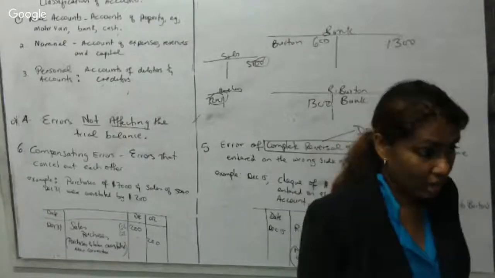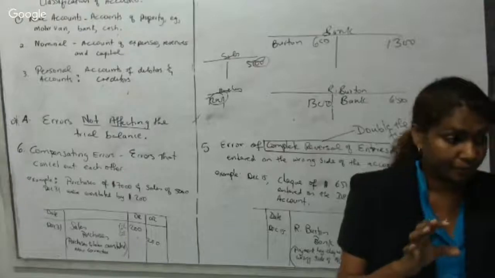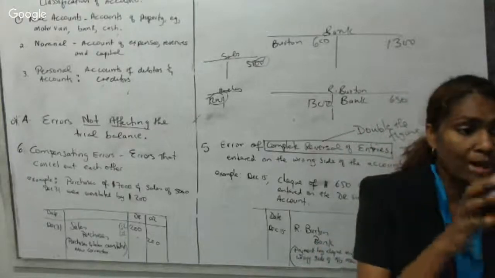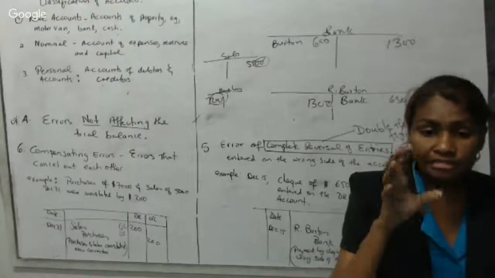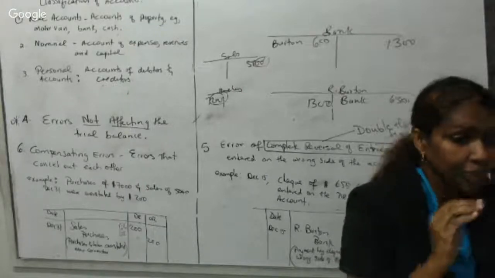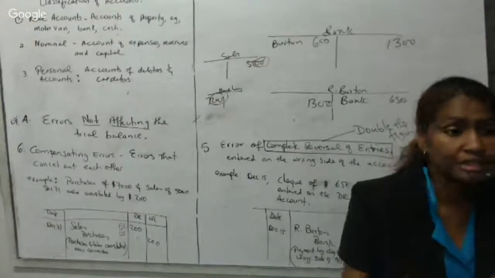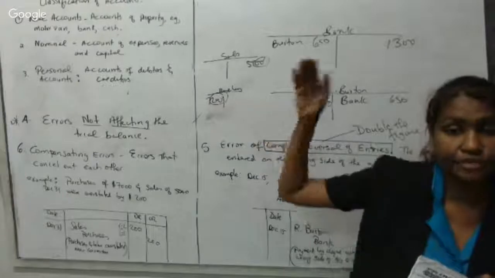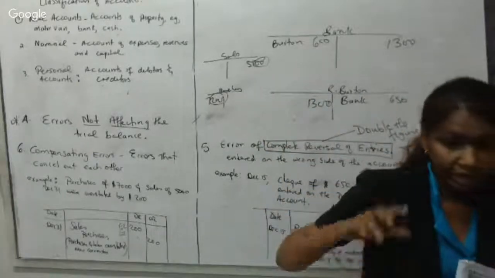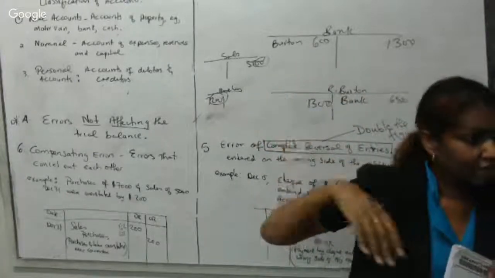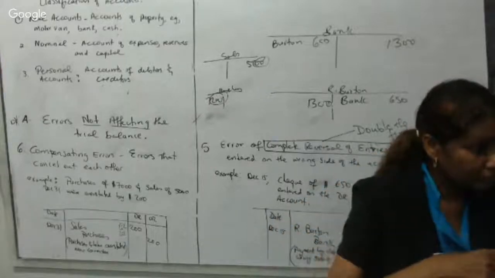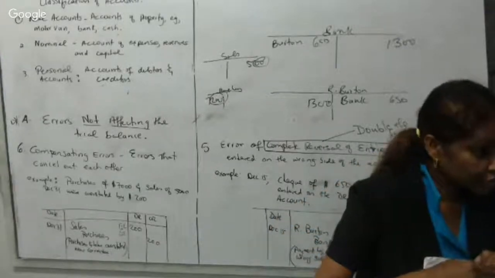Make sure you credit K1. Make sure that whatever was to be done in the first place, that's what you need to know. If you buy goods, you have to debit purchases and you have to credit K1. We don't care about the purchases; we care about whatever you were supposed to do initially. That you must know.